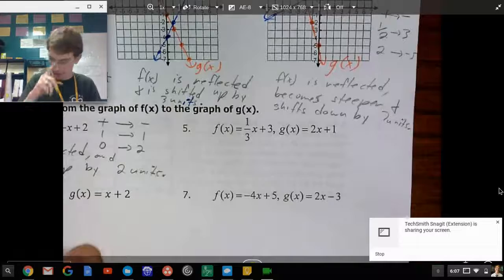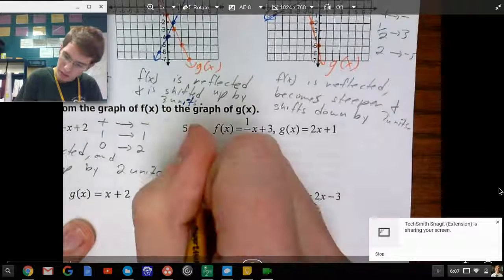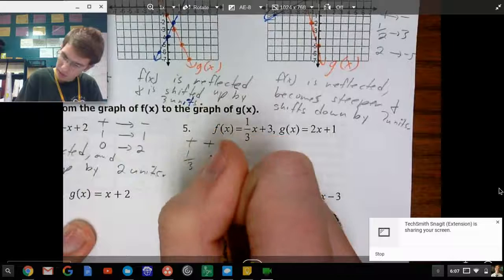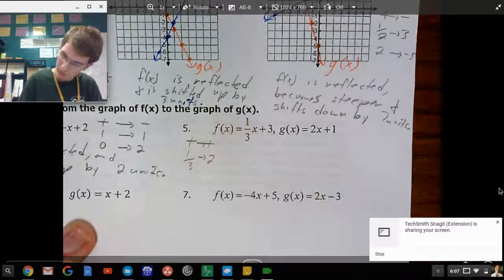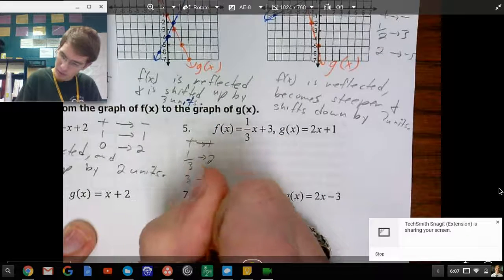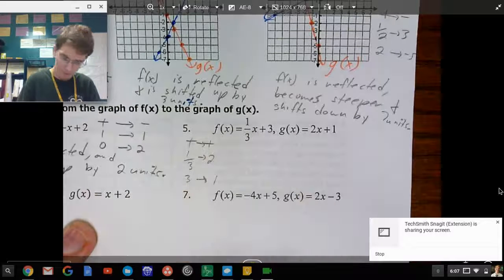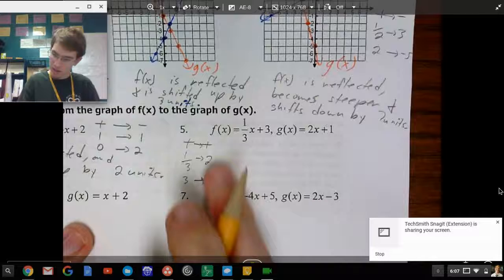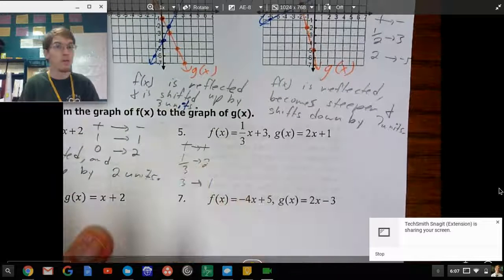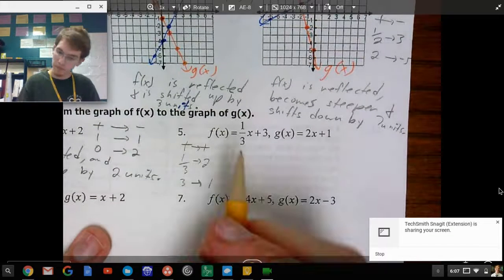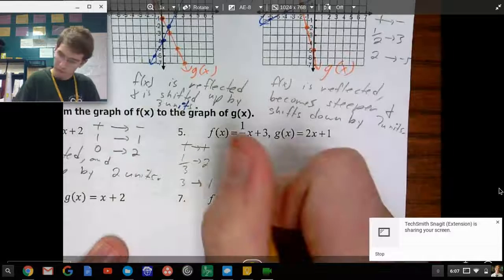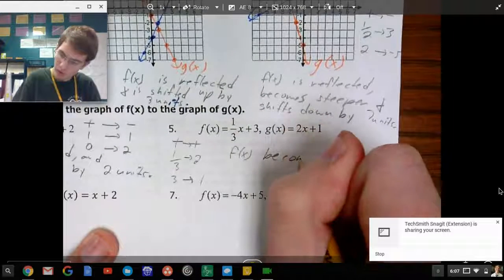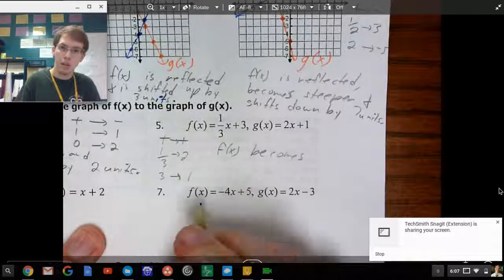Okay. Again, I'm just going to make my chart every time. So plus 1/3 to a plus 2. Y-intercept went from 3 to 1. Let's see. Positive to positive, there's no reflection. But from 1/3 to 2, that becomes steeper.